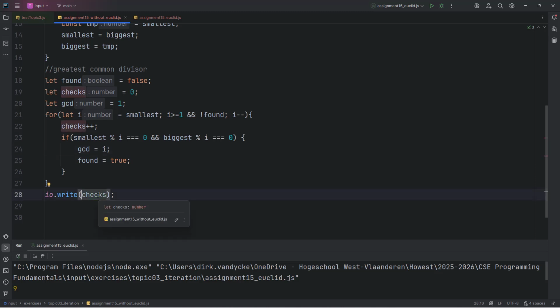So found, I'm going to make a little message, found GCD as greatest common divisor of smallest.